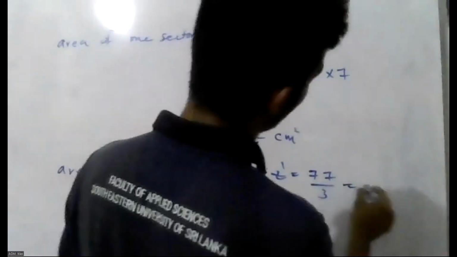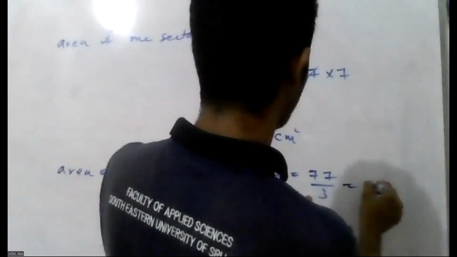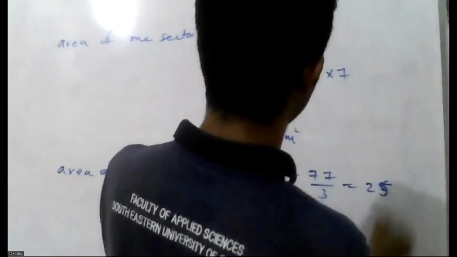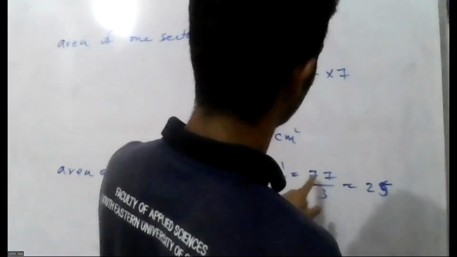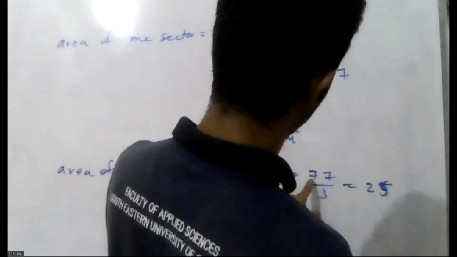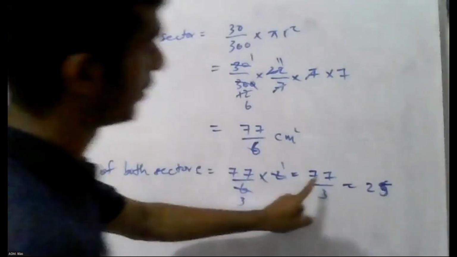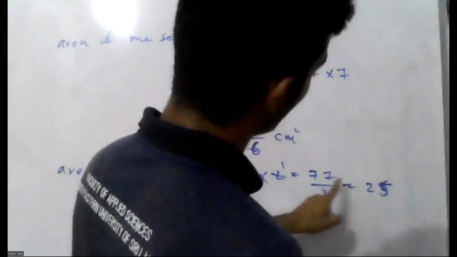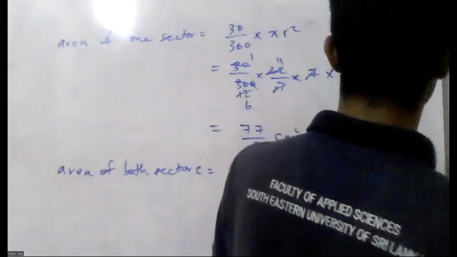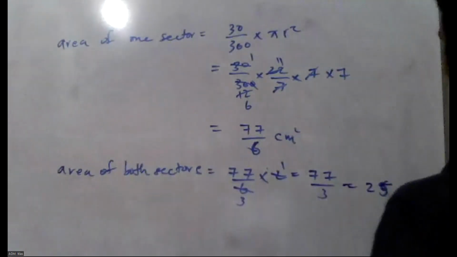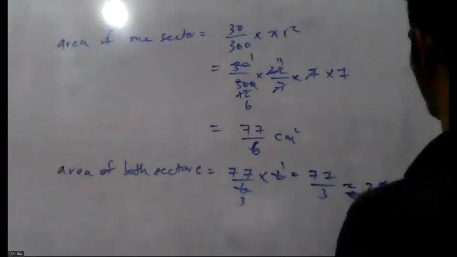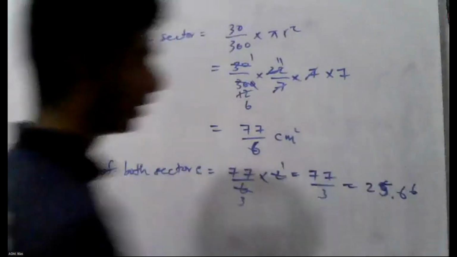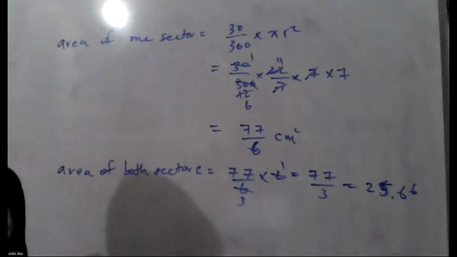If I give it in decimal points, 77 divided by 3 is about 25.66.